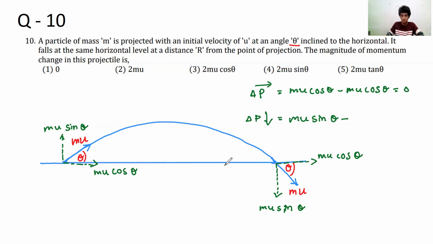We can't just subtract and add vectors in two different directions. They should be in the same direction. So here, as the initial velocity is in the opposite direction to the direction we considered, that will be minus mu sin theta. So the change in momentum in the vertical direction will be 2 mu sin theta. As there is no change in momentum in the horizontal direction, the magnitude of momentum change in this projectile will be 2 mu sin theta. So the correct answer is the fourth.